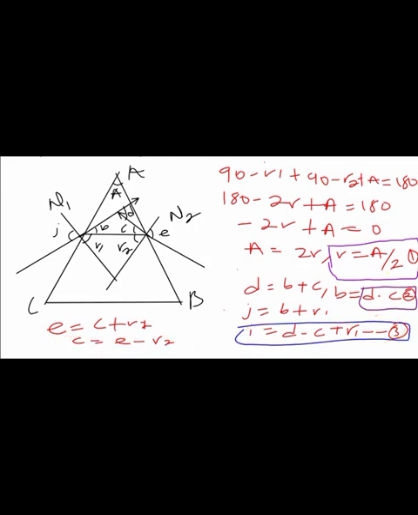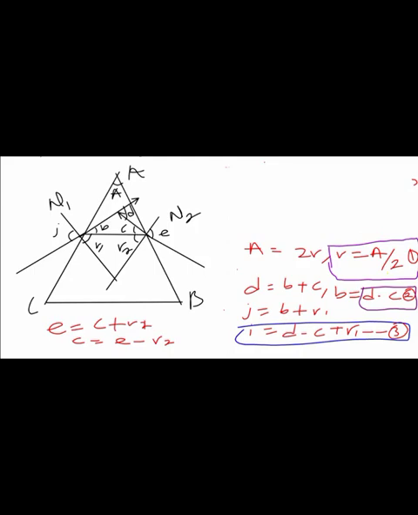So substituting this, we will have that I is equal to D minus our C, which is E minus R2, plus R1. Then I is equal to D minus E plus R2 plus R1.